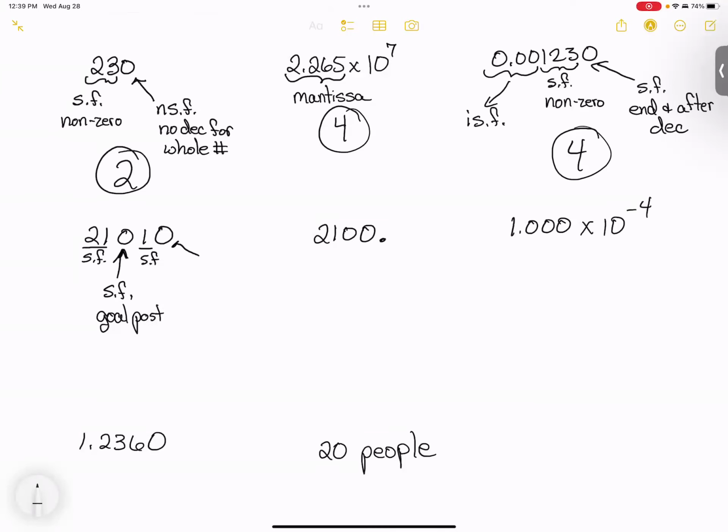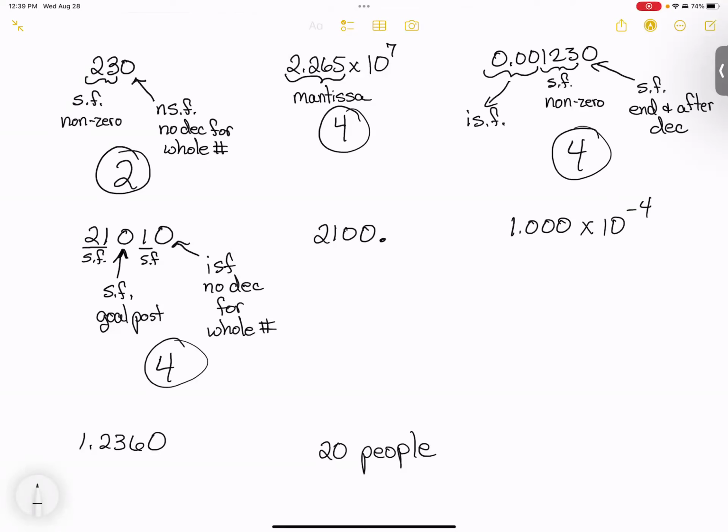But the 0 at the end of the number is not significant because there is no decimal for the whole number. So again, there was 4. Like I said, apparently I love the number 4 today.